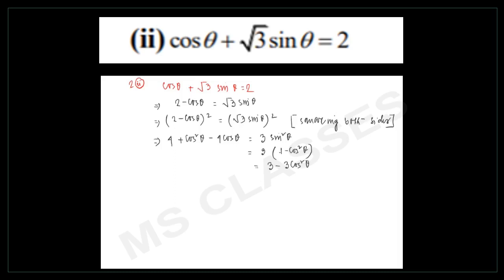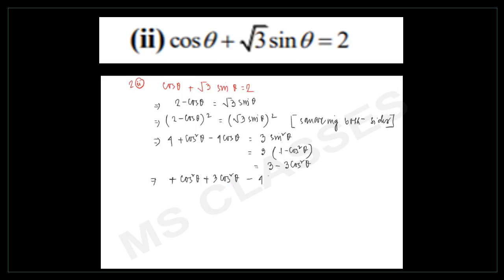Now from this what we write, cos square theta plus 3 cos square theta, because this was minus 3 cos square theta, we have taken it to the left. So change of side means change of sign.